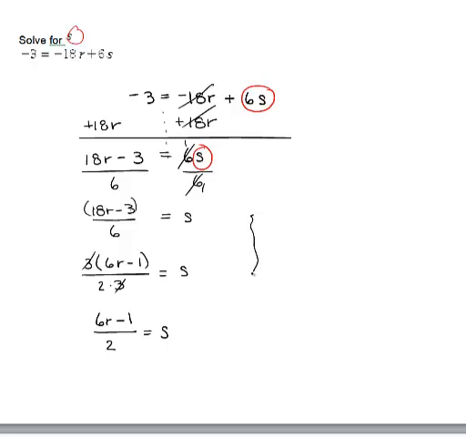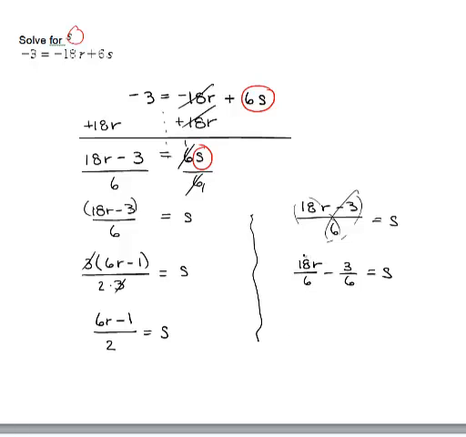Another way you could look at this is from this step here where I had 18r minus 3 all over 6 equals s. This 6 needs to go with each one of these terms on top. So I could have 18r over 6 minus 3 over 6 equals s.